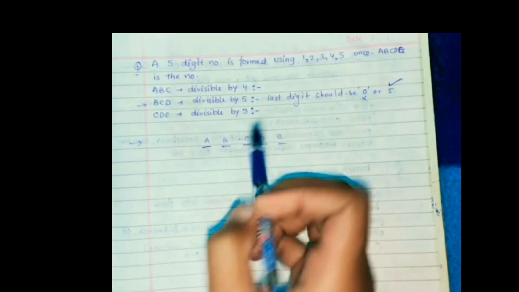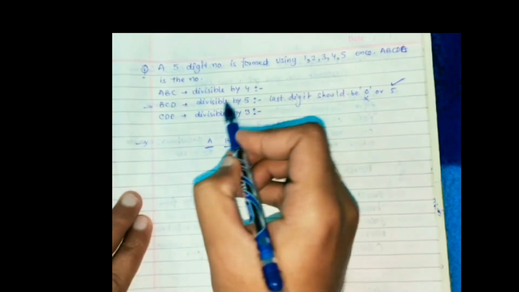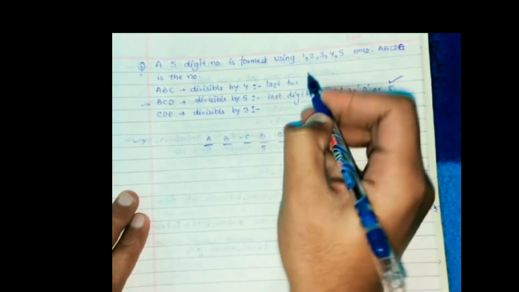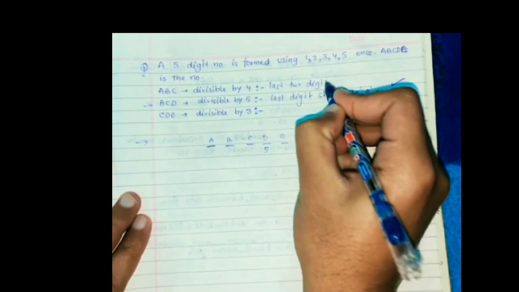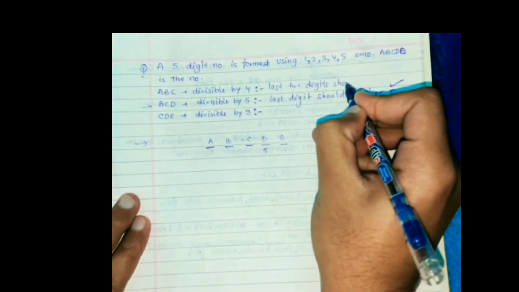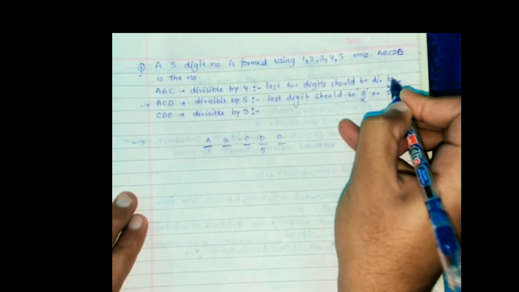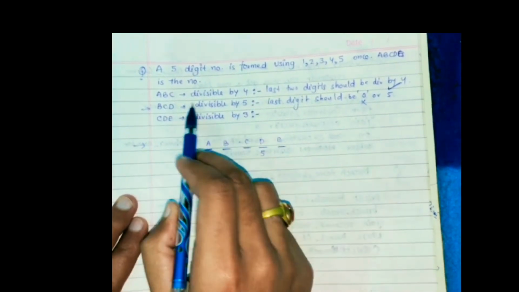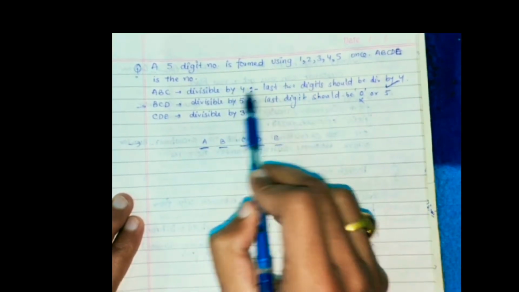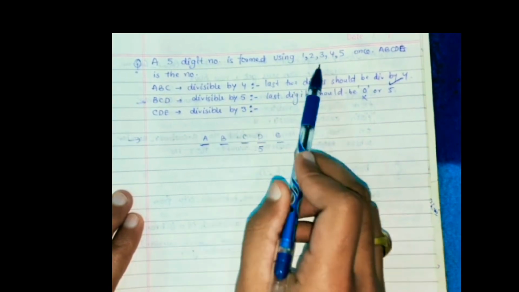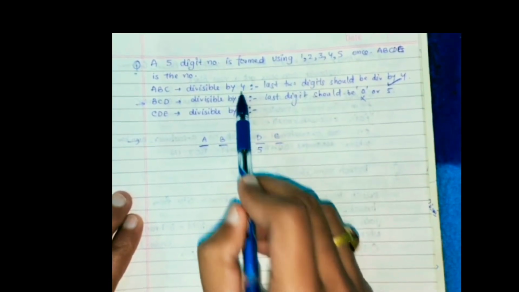Let me write the divisibility rule of 4: the last two digits should be divisible by 4. So it can only contain 24 or 32, because 32 and 24 are multiples of 4.